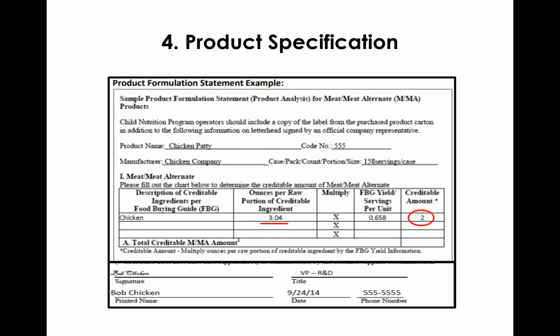This would be asking your sales representative for this information prior to ordering the product. Sometimes it's available on company websites, but just be assured that your salesperson should be providing this information prior to ordering the product. Next slide.